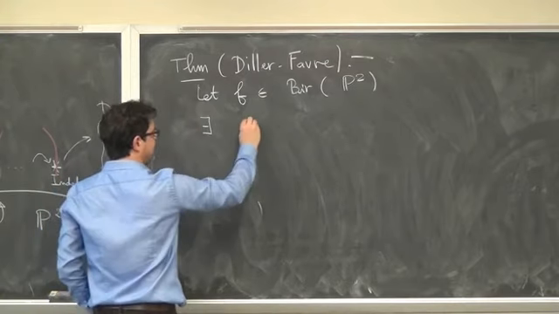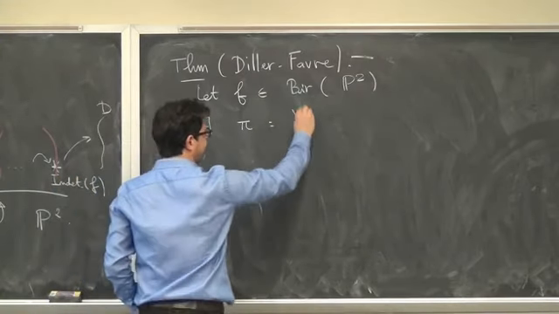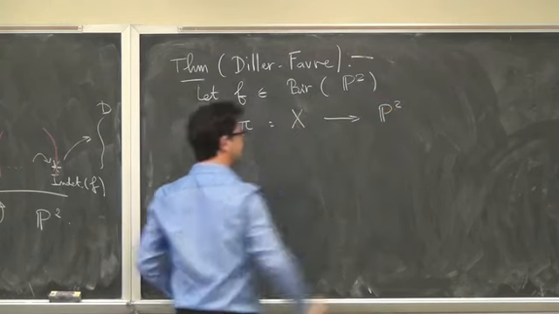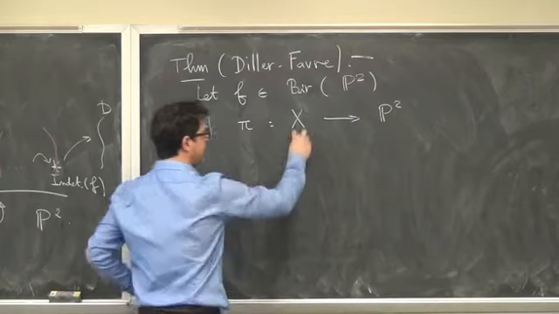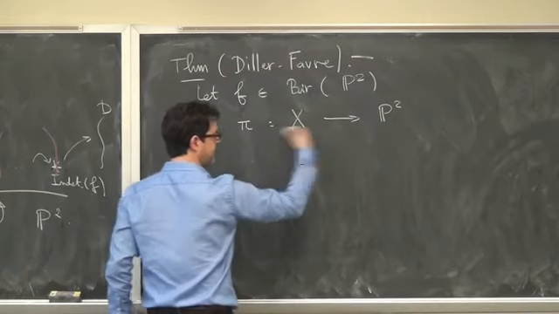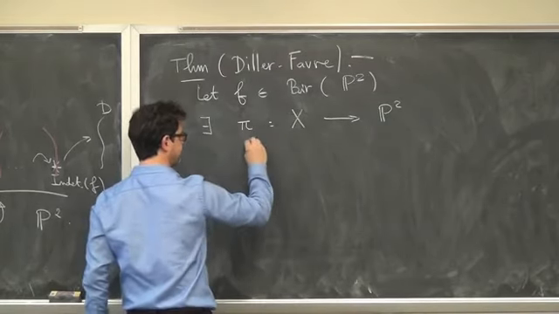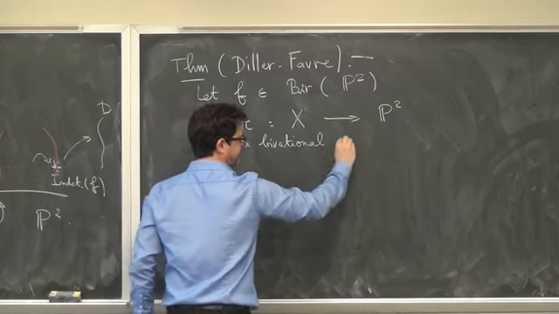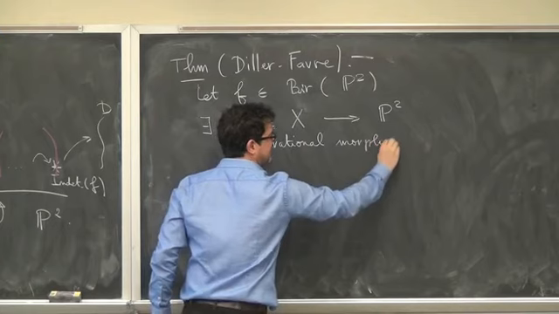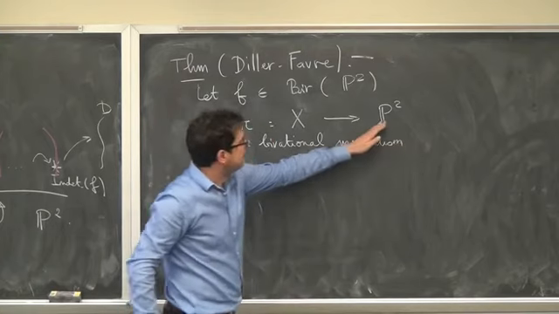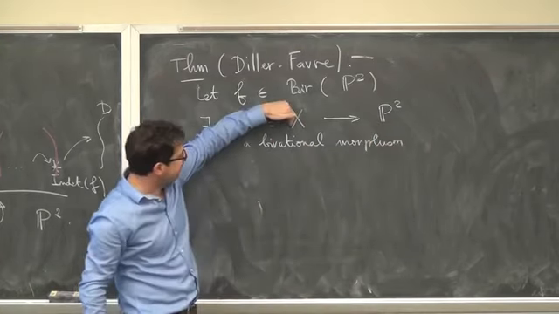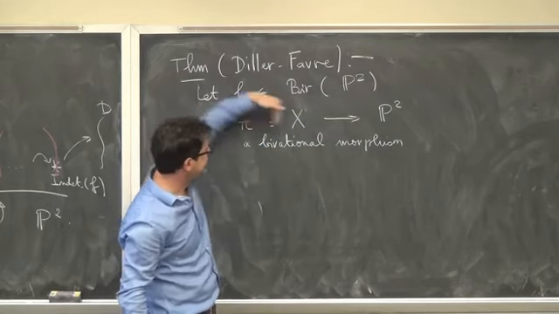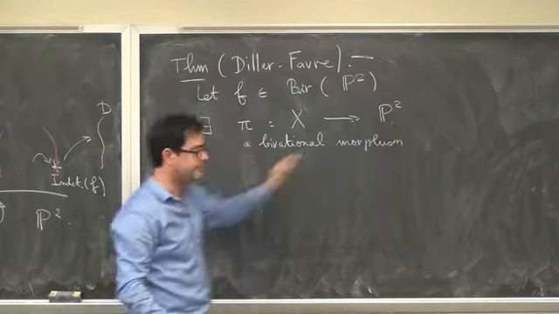Then there exists a surface X and a projection phi from X to P2. This one is a well-defined morphism, so it's a well-defined algebraic map. X is just obtained by blowing up a finite number of points in P2, and the projection is just blowing down the curves.